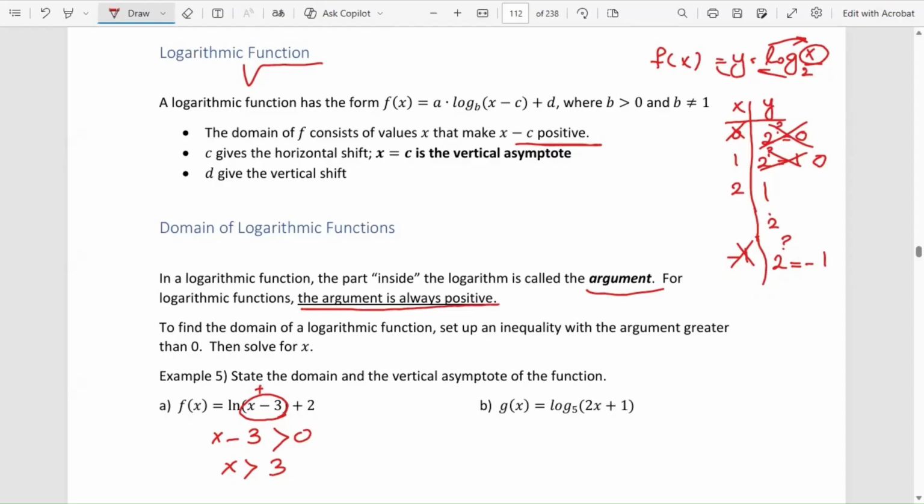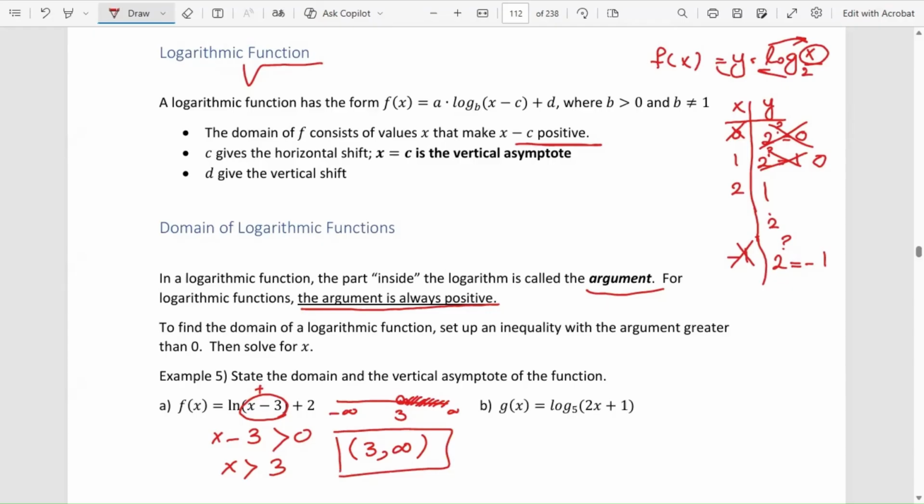If you show it on the number line, from negative infinity, if 3 is here, you're only able to replace numbers that are greater than 3. You are not even able to replace 3, because 3 makes it 0, and we cannot have 0 at that place. So the domain is all numbers starting from 3 going to infinity, not including 3. So that is the domain of the function.